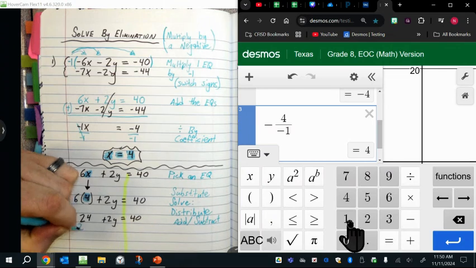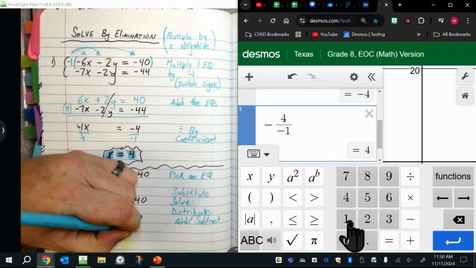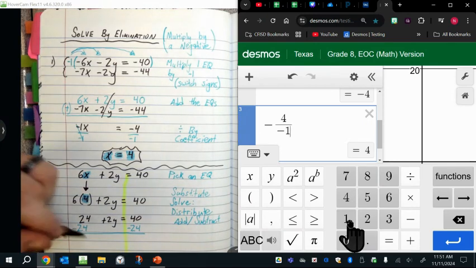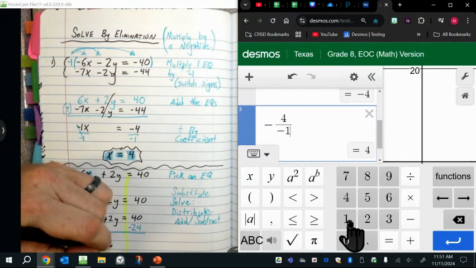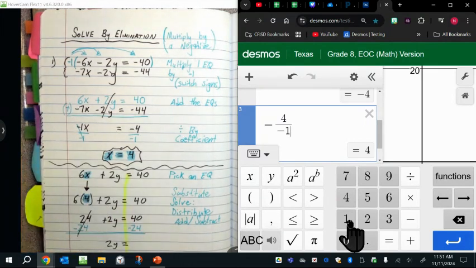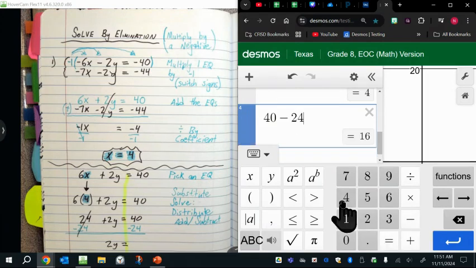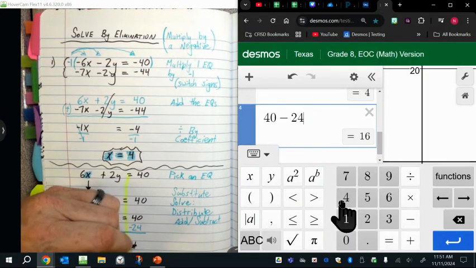So we're going to subtract 24. 40 minus 24 tells me 16.